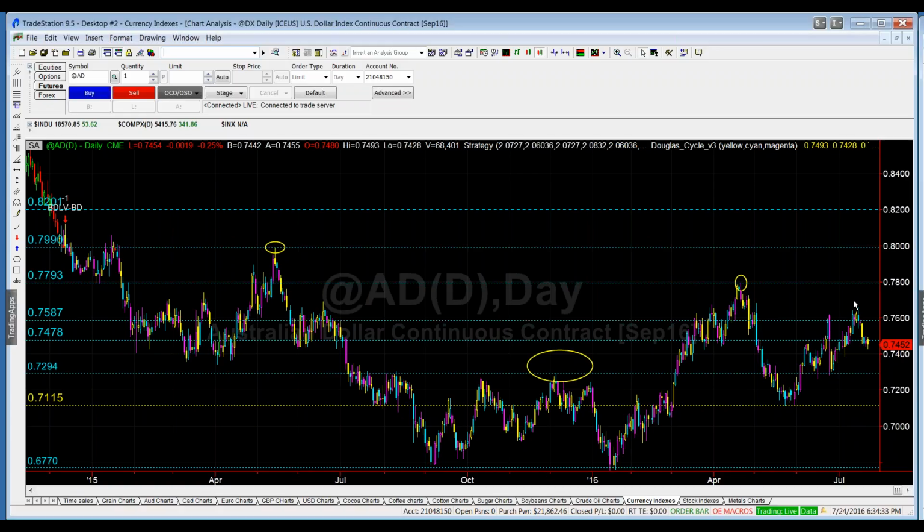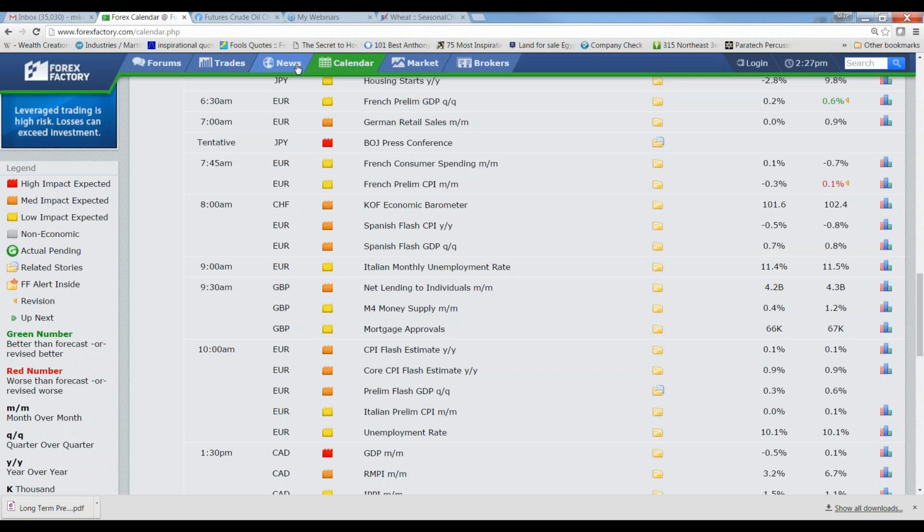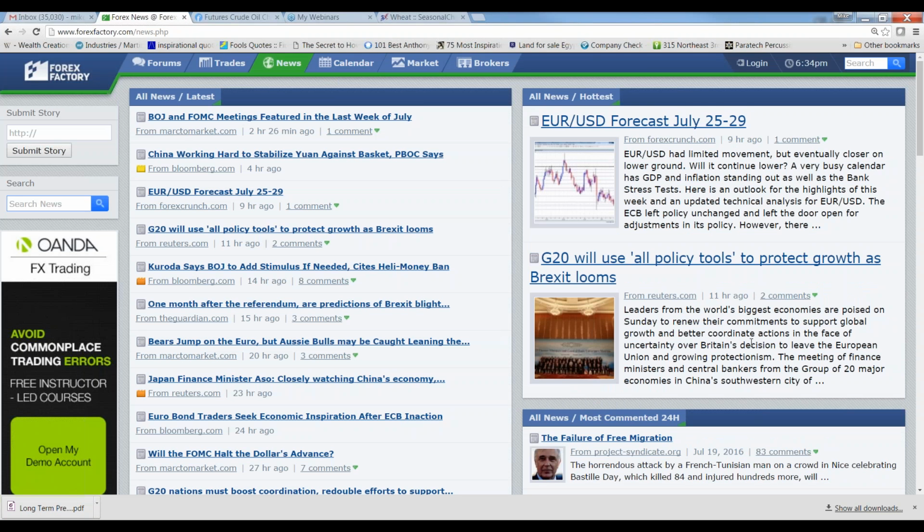So you can see that the money is going into the dollar. The Japanese yen, the BOJ met last week. Where is it?